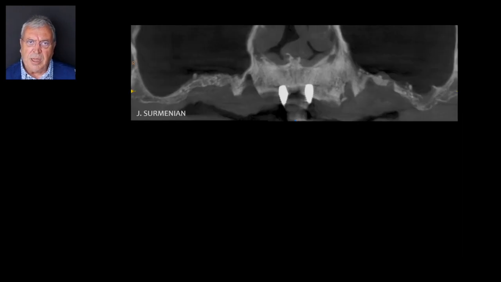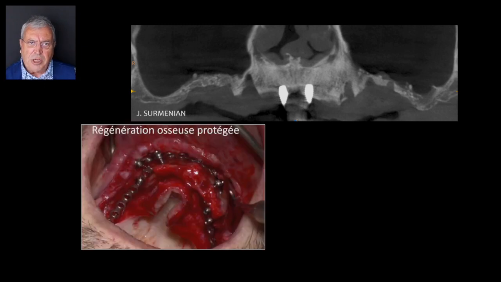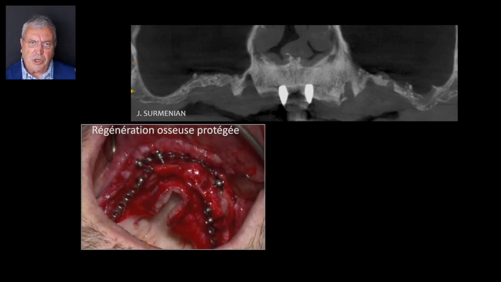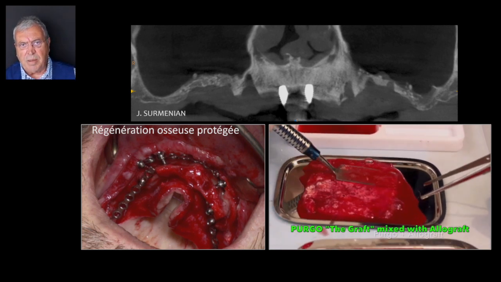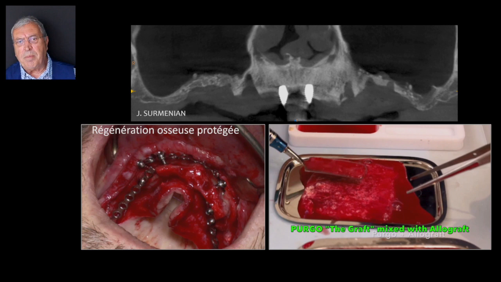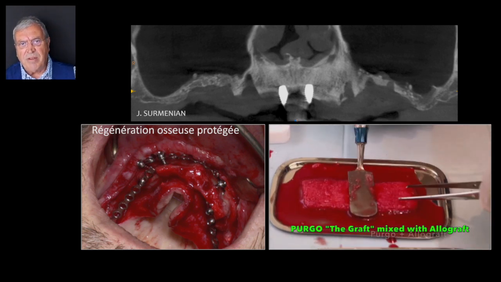This is an interesting case after full peri-implantitis in the maxilla. We managed with the mesh, the fast system mesh. I designed this mesh and this system after my meeting with Mamoto in 2011.